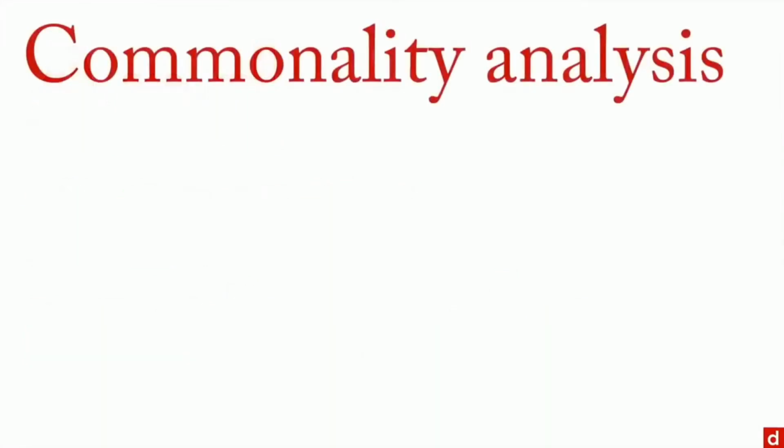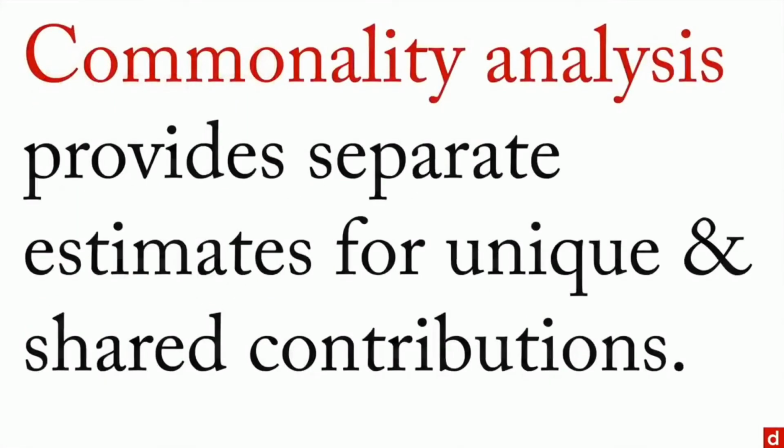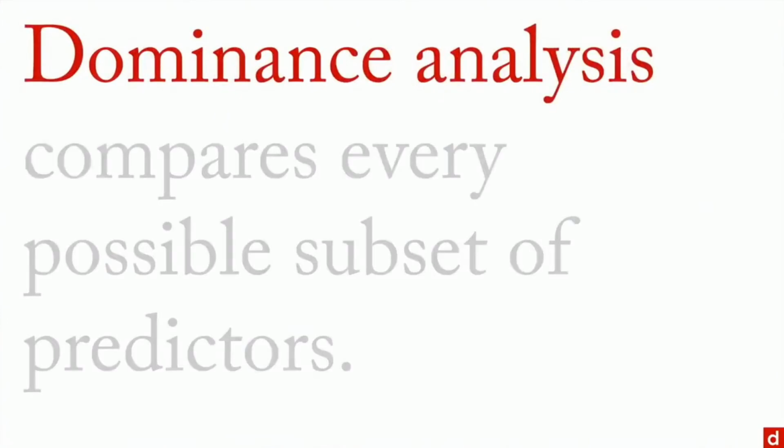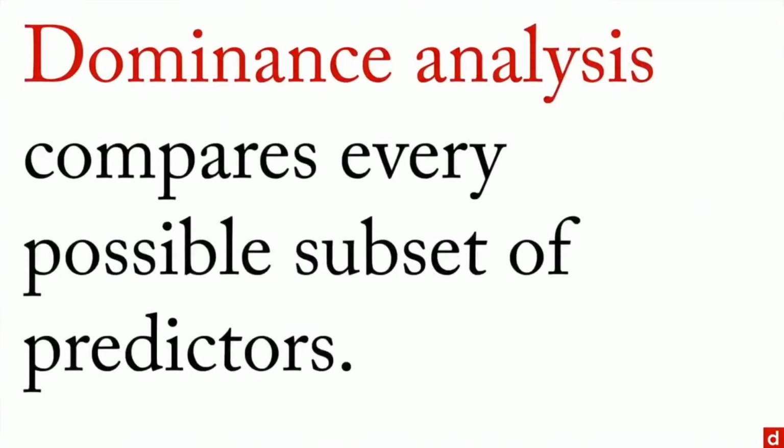A few of them include commonality analysis, which provides separate estimates for the unique and shared contributions of each variable. Well, that's a neat statistical trick, but the problem is it just moves the problem of disentanglement to the analyst, so you're really not better off than you were as far as I can tell. There's dominance analysis, which compares every possible subset of predictors.